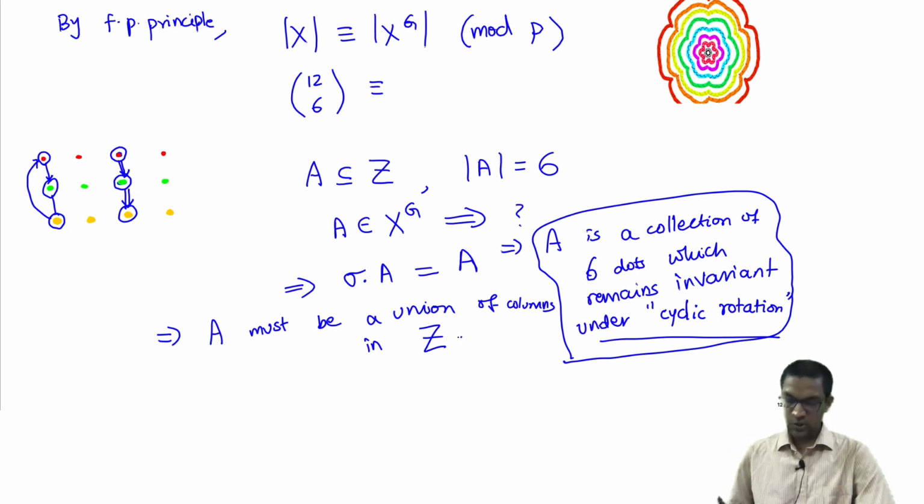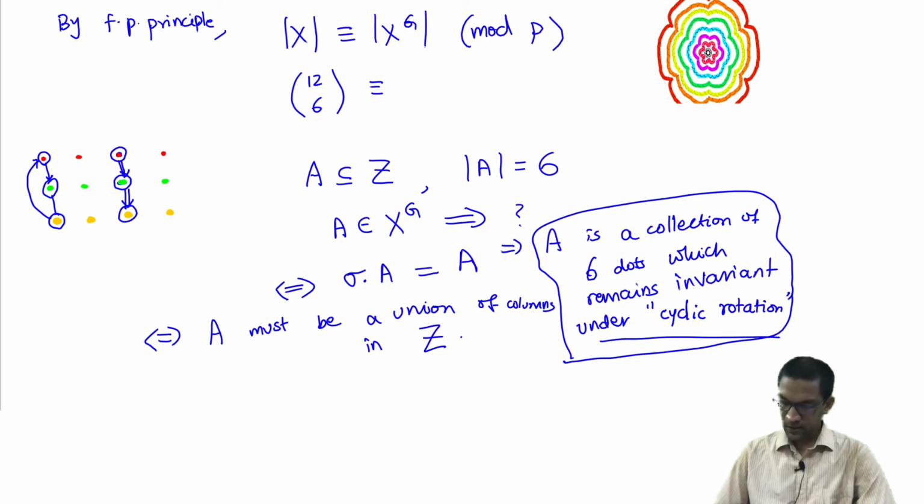So think about this final conclusion a little bit and convince yourself by looking at a few examples that this is indeed the case. So the only way in which A can be a fixed point is if it is a union of columns. And observe the reverse inclusion is obvious: if it is a union of columns, then of course it's invariant under the action of sigma.